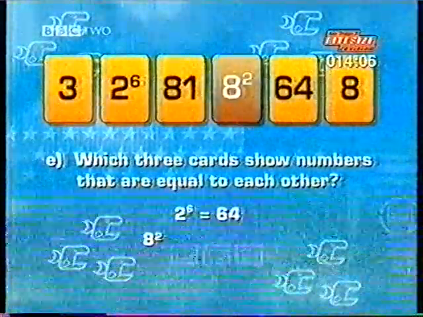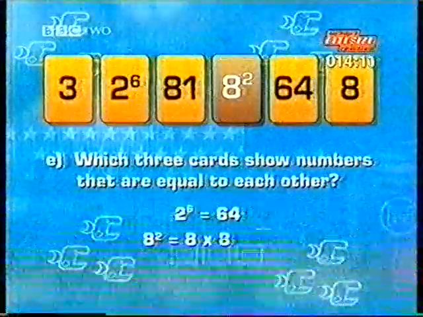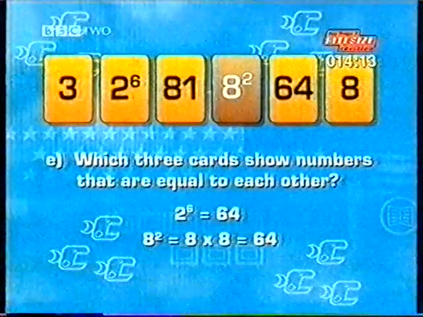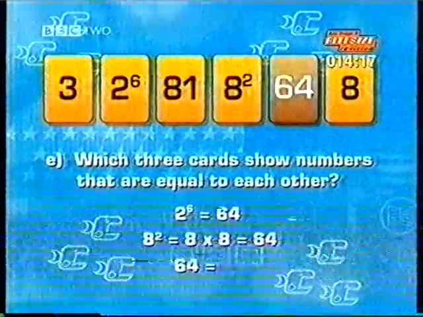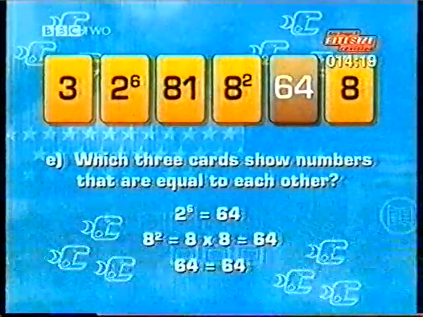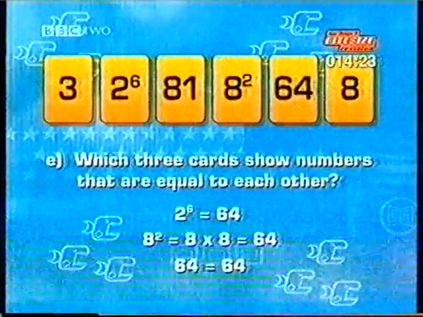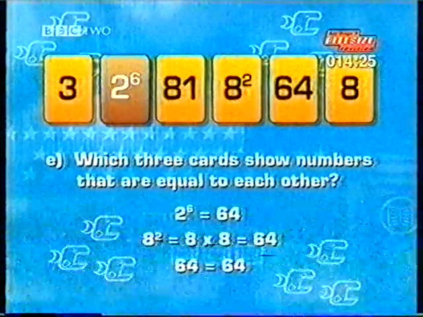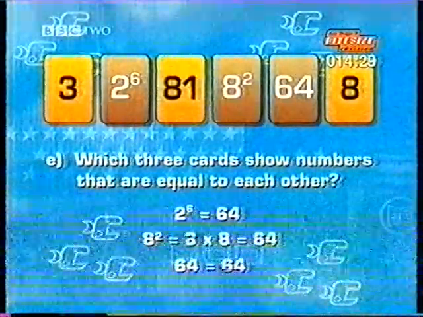Look at 8 to the power 2, which is 8 squared. That's 8 times 8, 64 again, so we're getting somewhere. Finally, we have the card 64 itself. So that's it. The three cards with numbers that are equal to each other are 2 to the power 6, 8 squared, and 64. For a summary, let's go to the key points.